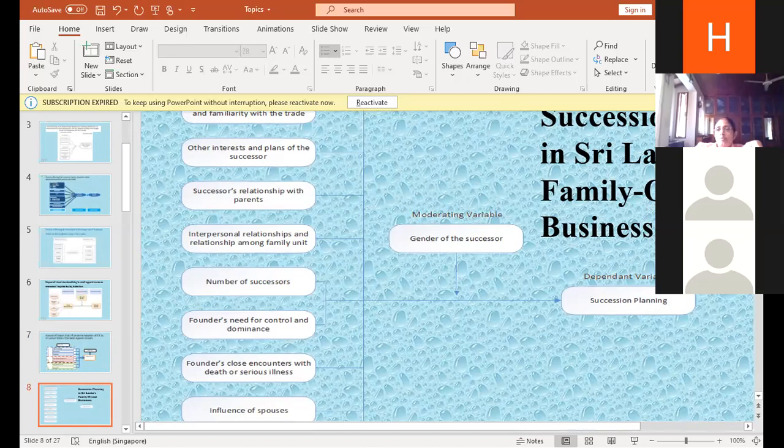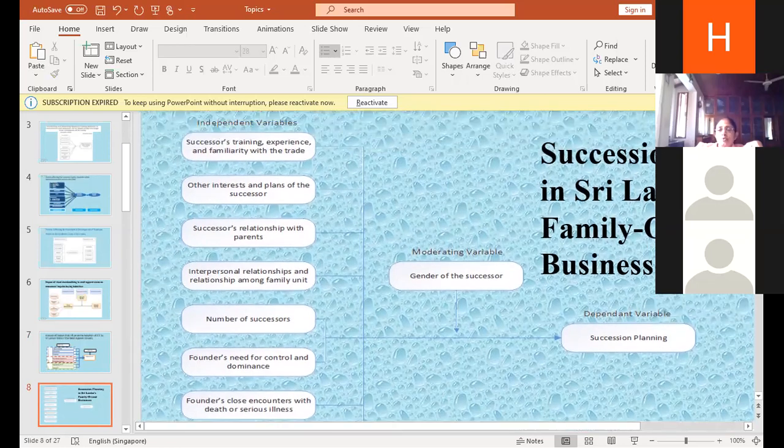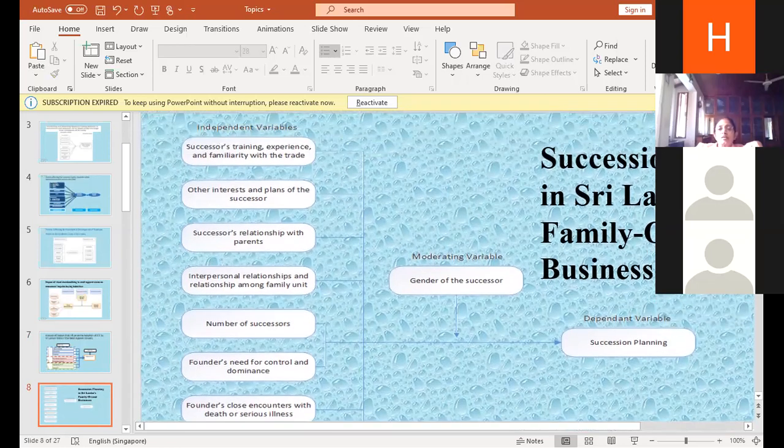So what kind of research do you suggest? Quantitative or qualitative? You will have to talk to them and get their viewpoints too. Qualitative.